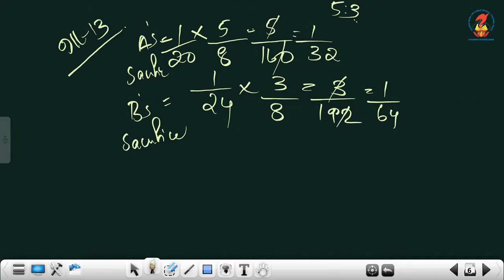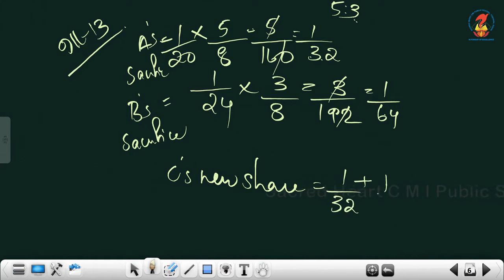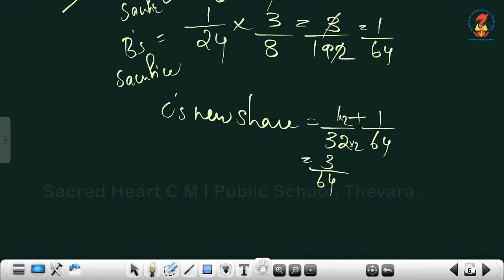Yes. Now C's new share, what C gets will be equal to the total of A and B's sacrifice. So 1/32 plus 1/64. So make the base as same. It will be 3/64. So we got C's new share, we got the sacrificing ratios also. What will be sacrificing ratio of A and B?